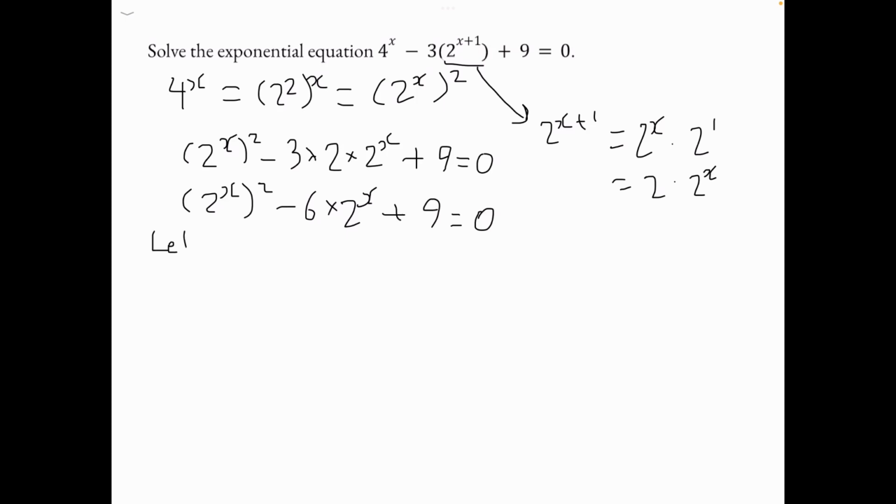So let u equal 2 to the power of x. Now we can rewrite the equation in a more simple manner. So u squared minus 6u plus 9 equals 0. So now you can see it's a more simple quadratic equation.